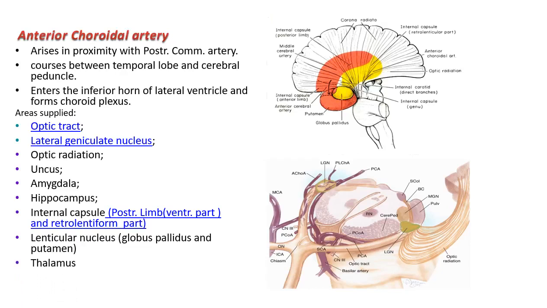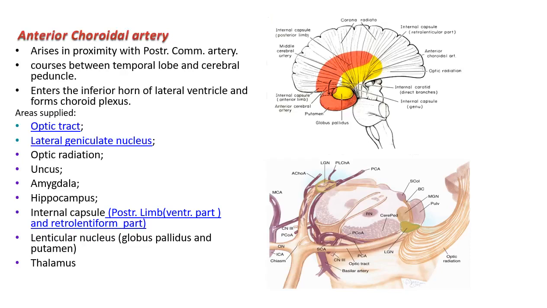So that is the anterior choroidal artery, which is a direct branch from your internal carotid artery. Mainly in respect to the internal capsule, part of your posterior limb, retrolentiform part. So this part you should definitely remember.